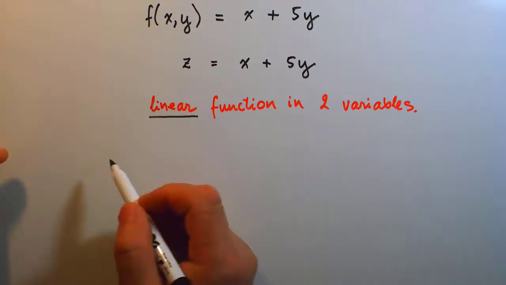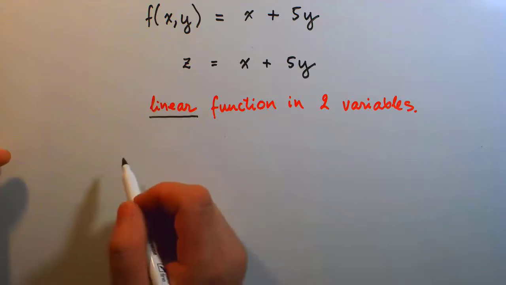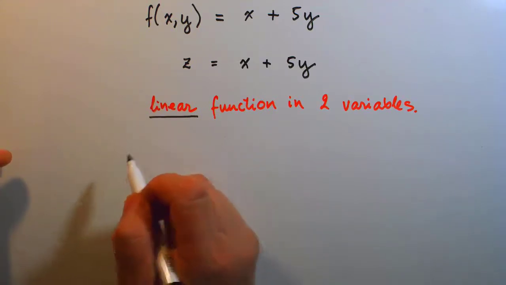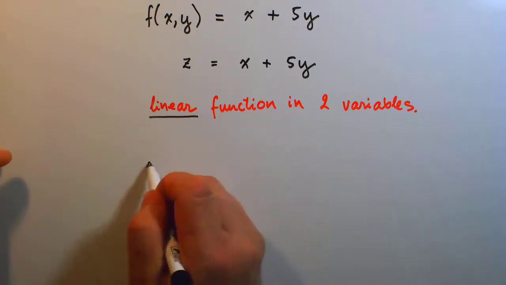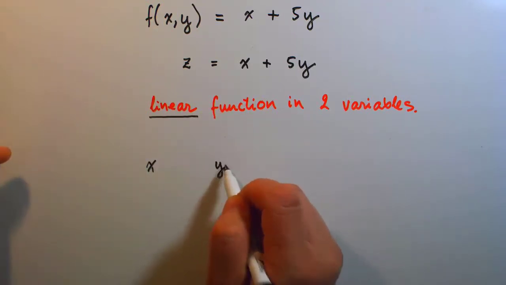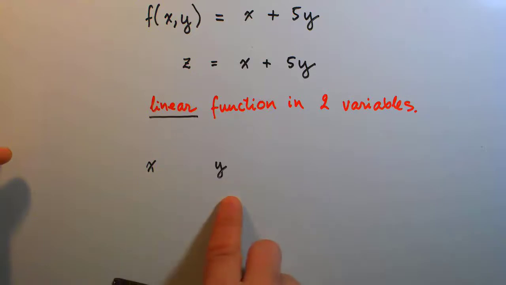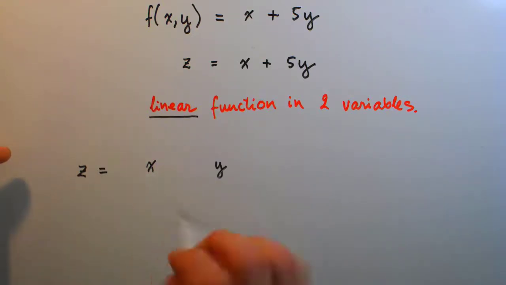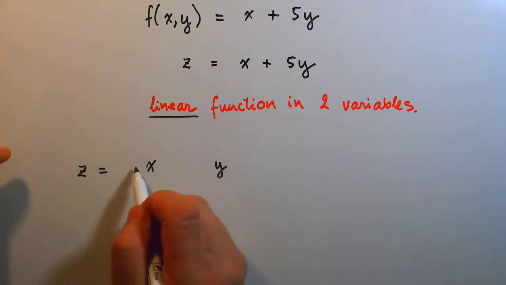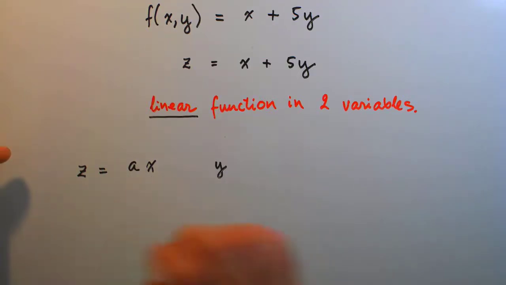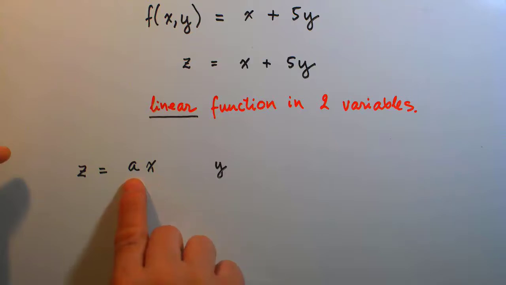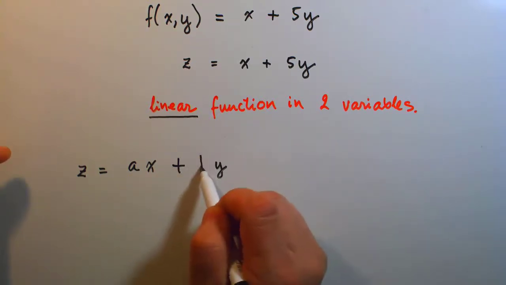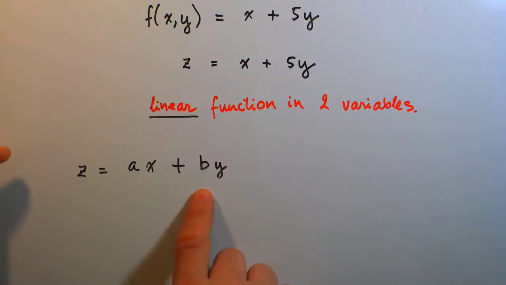So linear function, in a more general understanding. Let's say your function here is in two variables, and x and y are the two variables responsible for the output. Then for your function to be a linear function, it is required that each variable can only be multiplied with a coefficient. So it's in the form of an ax, some coefficient multiplied with x, plus some coefficient multiplied with y.